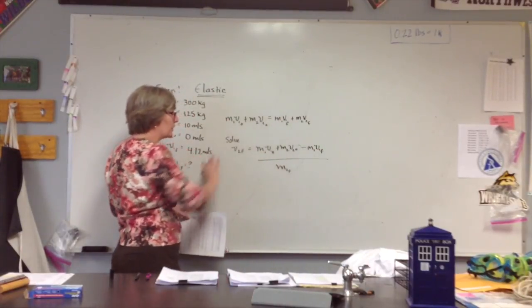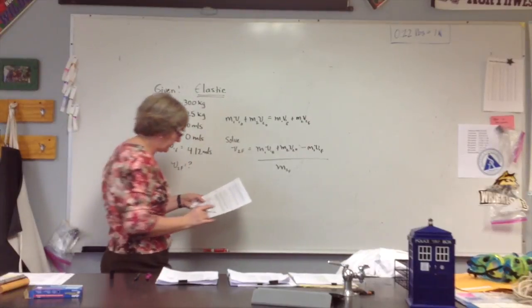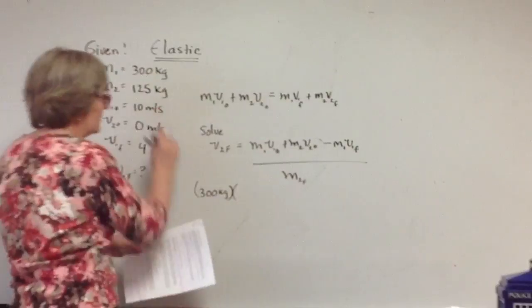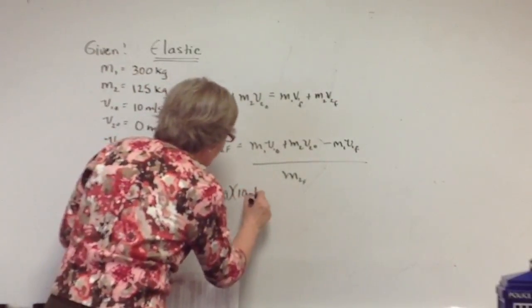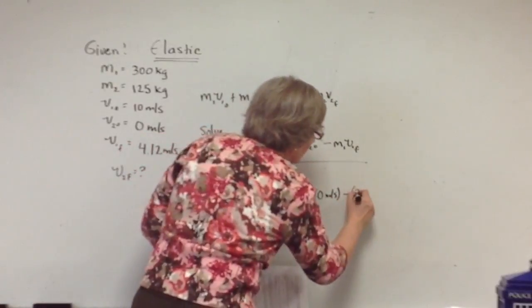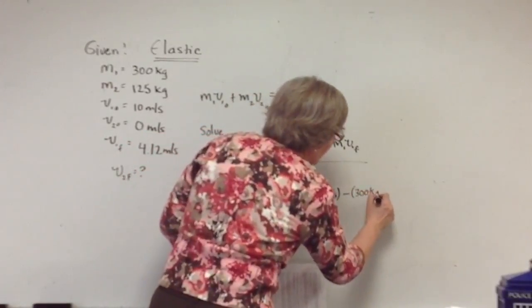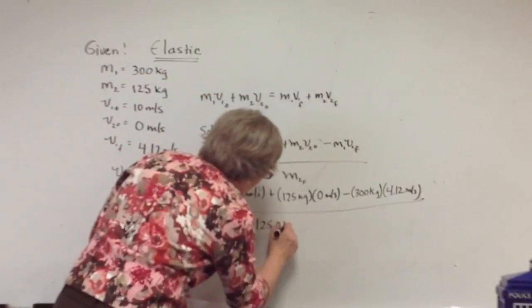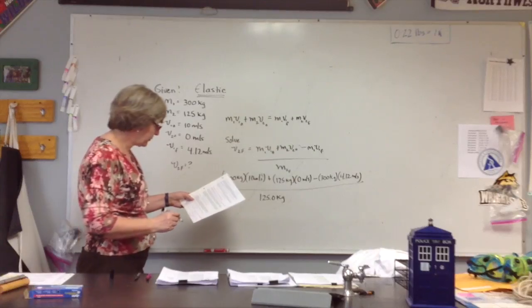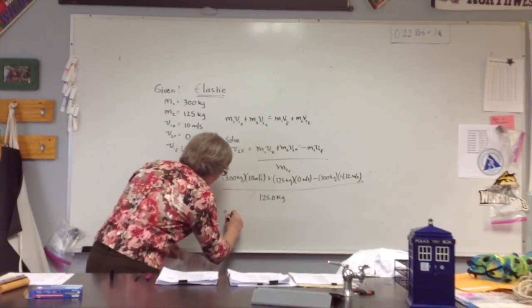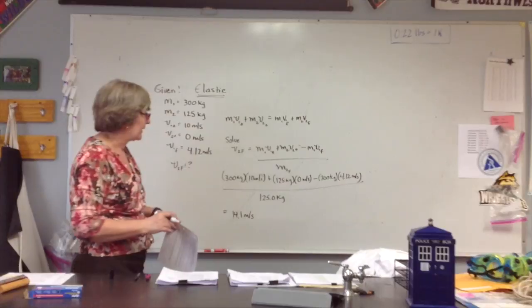Now that we have it rearranged, we just plug in our numbers. 300 kilograms for mass 1 times our velocity of 10 meters per second, plus mass 2, which was 125 times 0, minus the 300 kilograms, because that was mass 1, times 4.12, divided by 125 kilograms. We do the math, and we come up with 14.1 meters per second.